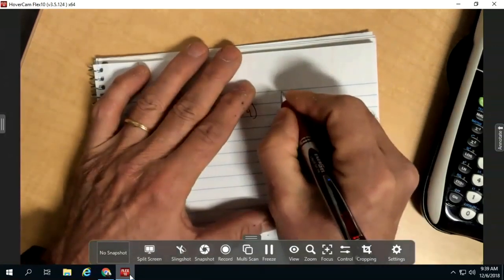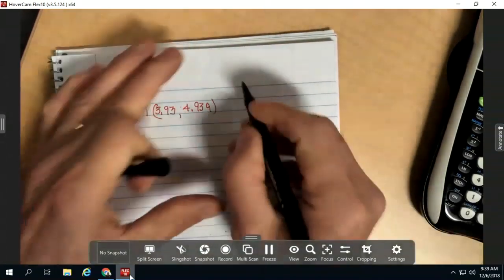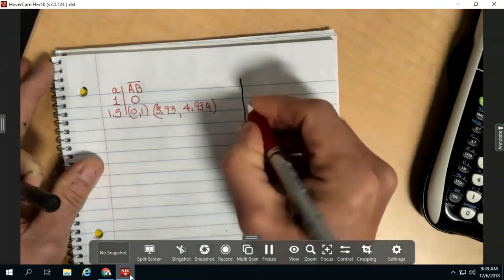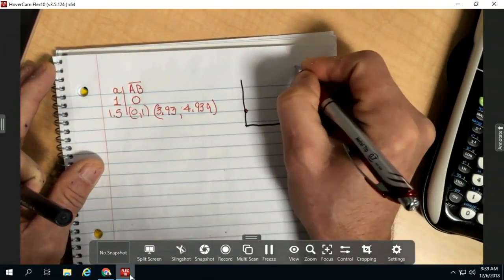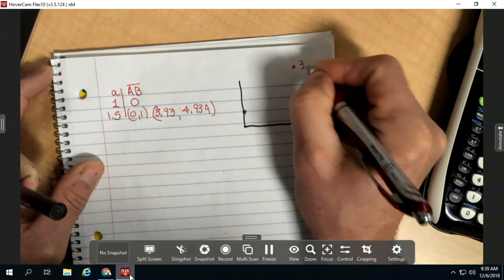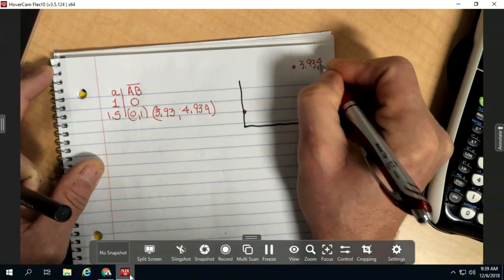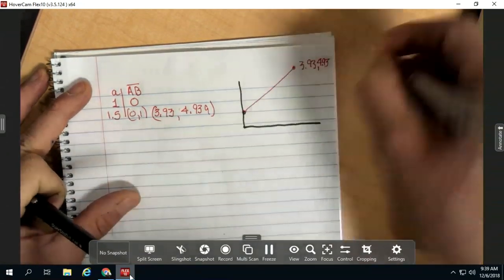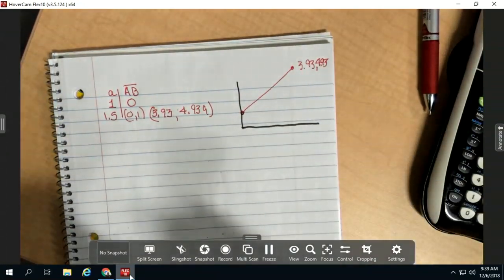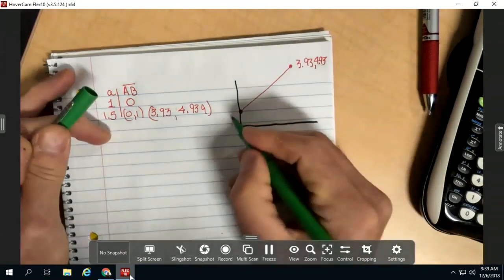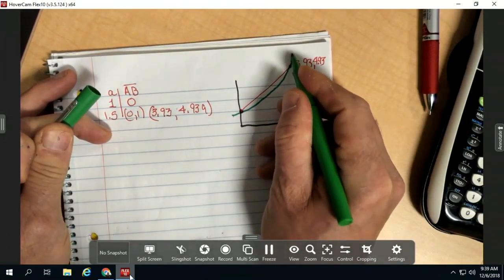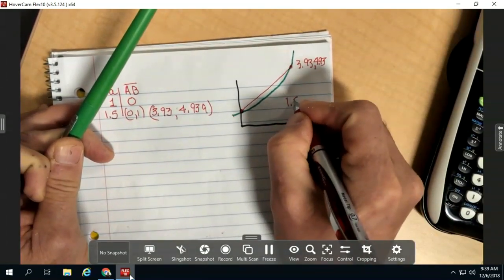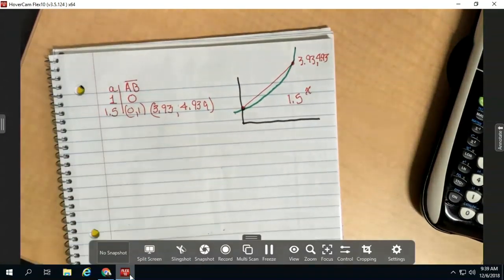Okay, so let's graph that. So our curve goes from this point to this point, 3.93, 4.93. Okay, so here is our line connecting them, and here is the curve connecting them, and that's because we have 1.5 to the x.